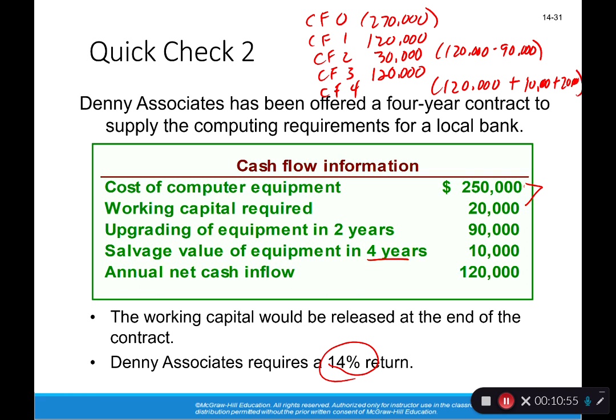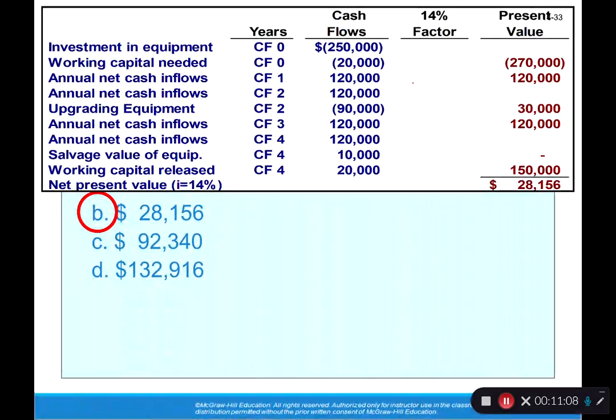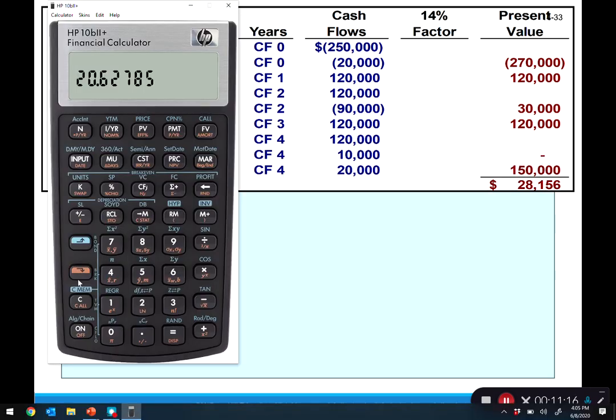So that would be 120, 30, 120, 150. You'd plug that into your calculator, add in your I, and then get NPV. And when you do, you should arrive at 28,156. So let's whip out my HP10b and see if this works.